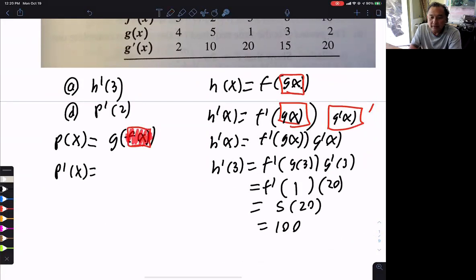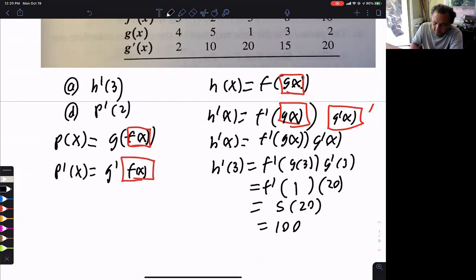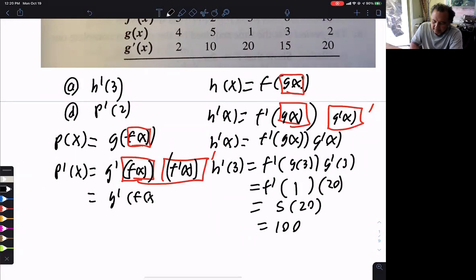What's the derivative of G of box? G prime of box. But you always have to multiply by the derivative of box after. And the derivative of box is F prime of X.